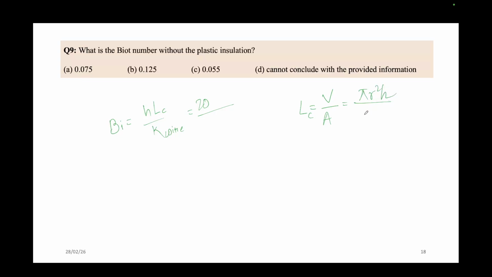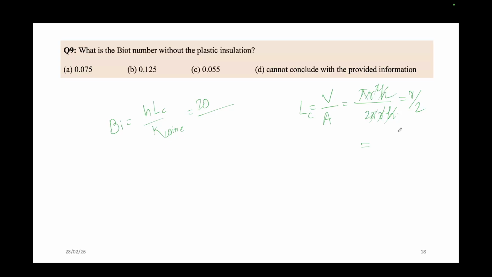And this one, the outside layer, will be 2 pi r l or h. So ultimately you will get this as r by 2. Okay, so this will be your r by 2. So you can find out this value, right?